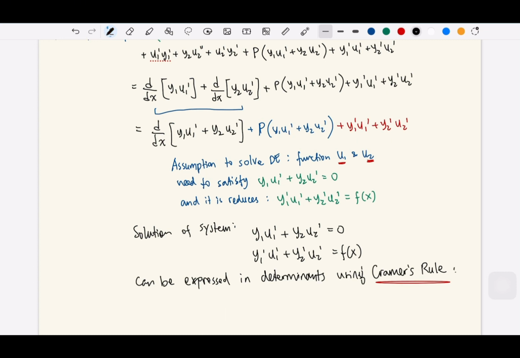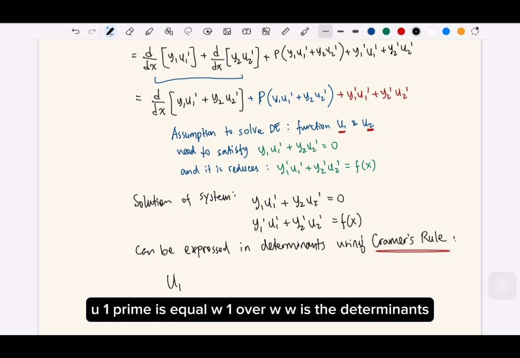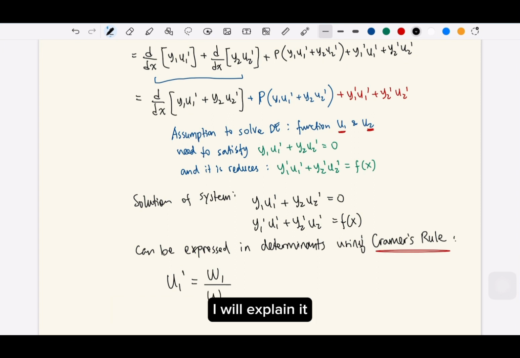Which is u1 prime equals W1 over W. W is the determinant, I will explain later.